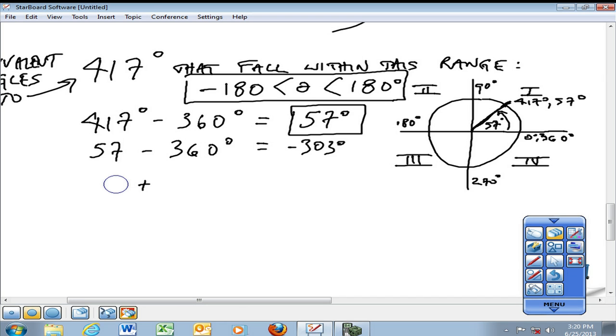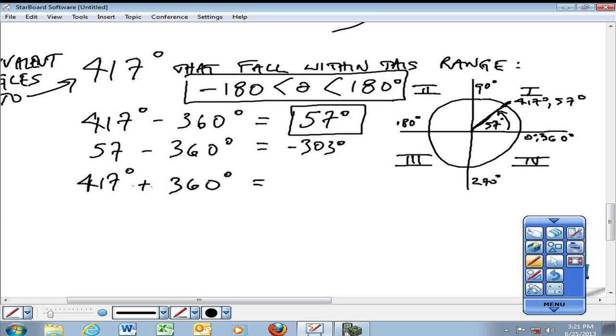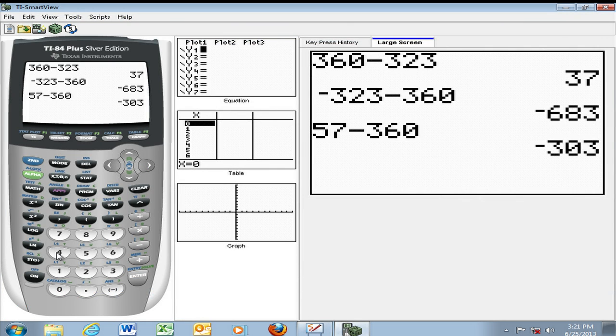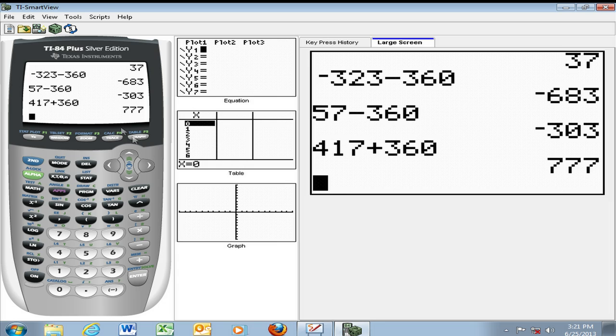What if I took my 417 and instead of subtracting 360, I added 360? Even without a calculator, you see that if I'm adding 417 to 360, I am way past 180.